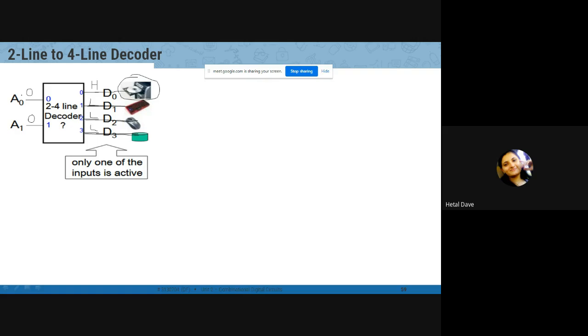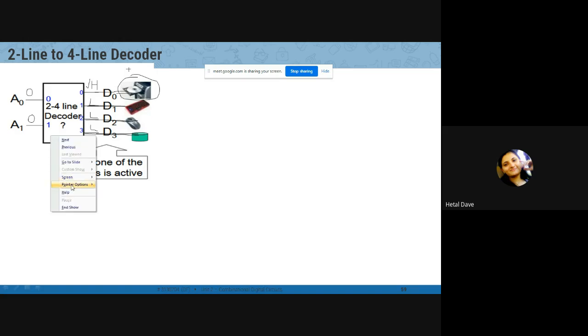Why? Because I gave 0 0, so the rest of the lines get low voltage and only the zeroth line gets high voltage. So the CD driver will get high voltage and it will be operated.